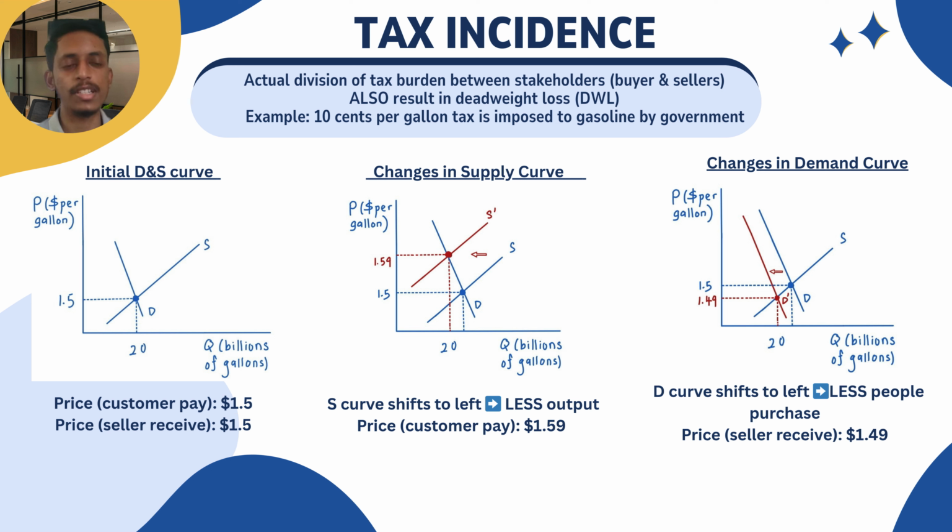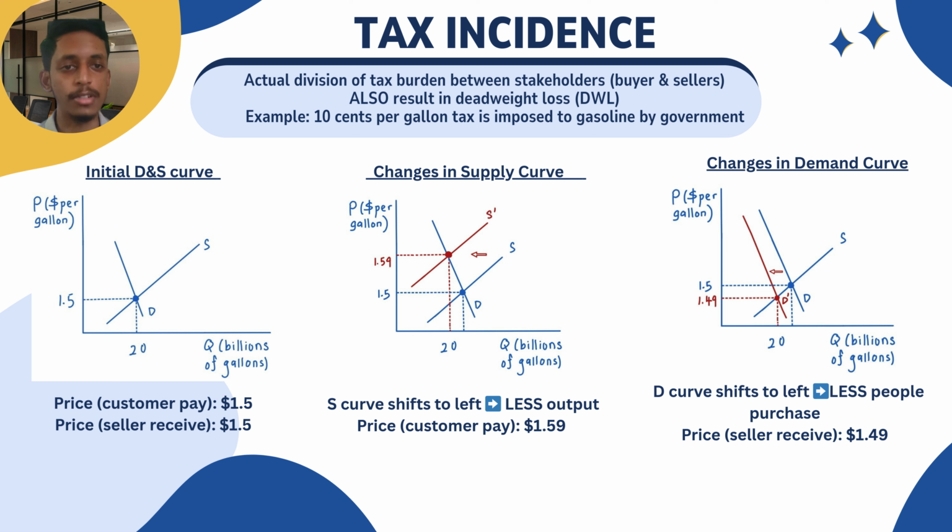So let's look at our first example, a 10 cents per gallon tax imposed on gasoline. In this top graph, we view the tax as a cost to producers because now it costs more to sell gasoline. The supply curve shifts to the left from S to S1. Here is what happens to the price.